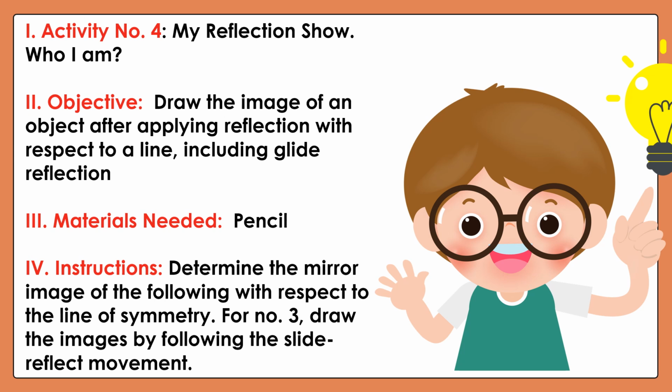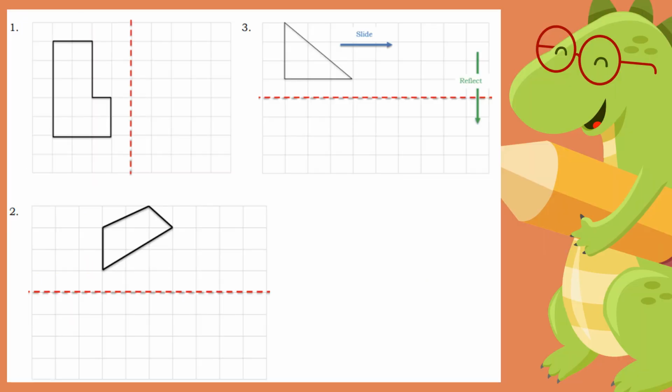Instructions, determine the mirror image of the following with respect to the line of symmetry. For number 3, draw the images by following the slide reflect movement. Here's 1, 2, and 3 that you need to answer in your notebook.